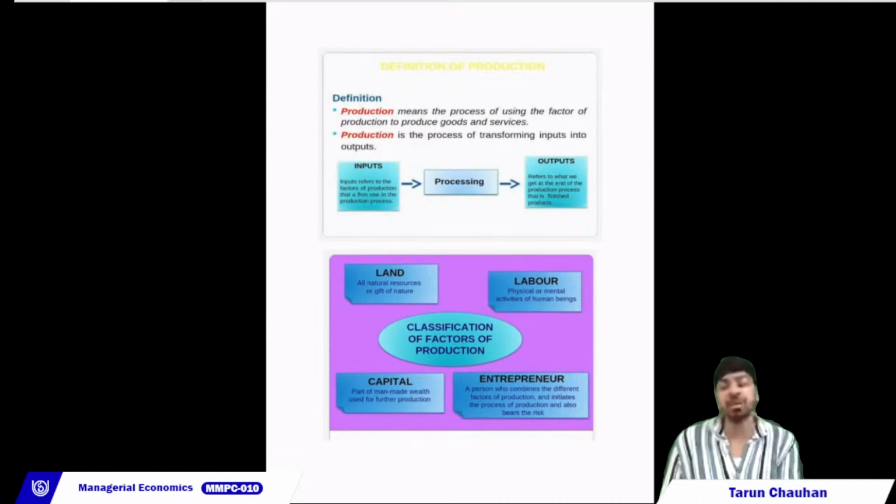So an entrepreneur is a person who not only combines the various factors of production and turns them into the final product, but also has the courage to take on the risk of all those challenging processes of production. That person is called an entrepreneur.